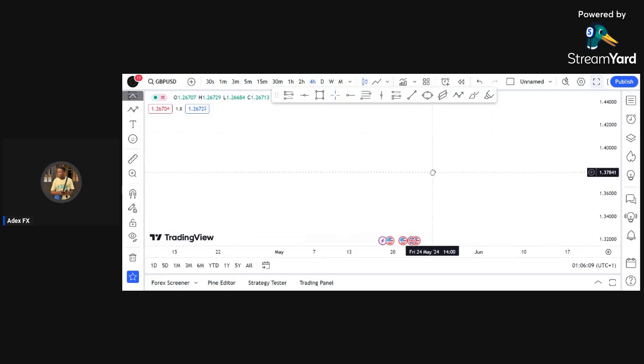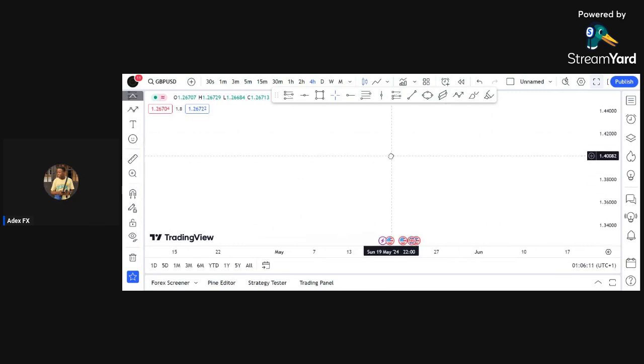So when we talk about psychological zones, or support and resistance zones, what do we mean by support? When we're talking about support, we are talking about the floor for the market, like the floor. We're talking about the down, something like this.